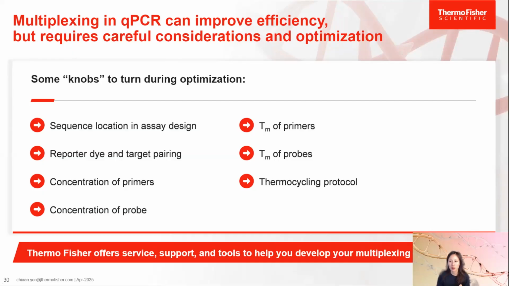But I want to help you look at it this way. There's actually a lot of different knobs you can turn when you optimize your assay, and that means that you have the freedom to optimize things to the point that is good.